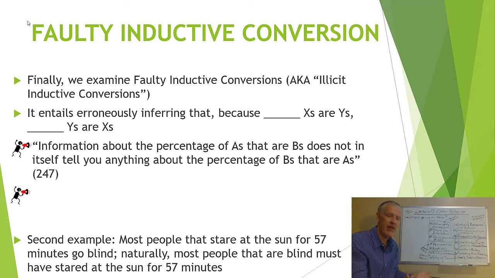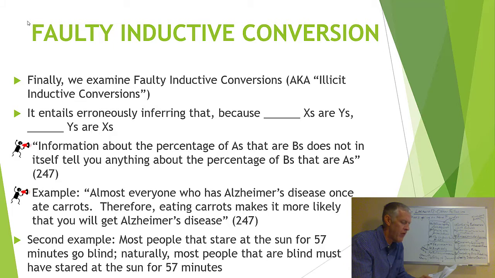So, they gave a lot of great examples. Sometimes they can be tricky and it's not necessarily straightforward that you're dealing with a mistake, but a lot of times it is obvious. So for example, from page 247: "Almost everyone who has Alzheimer's disease wants 8 carrots."